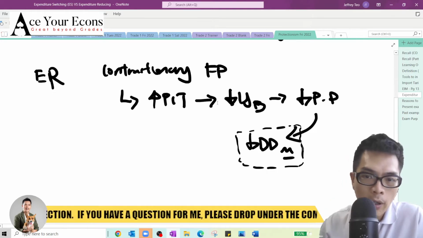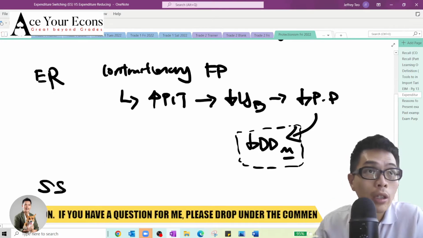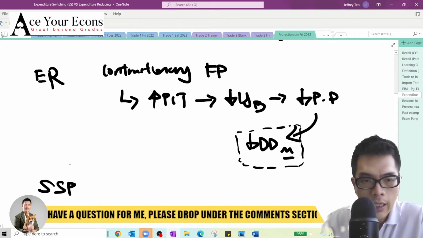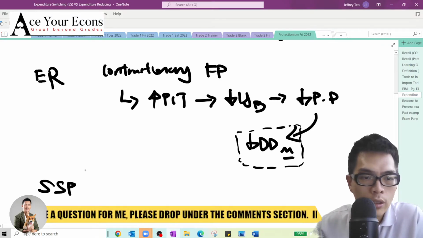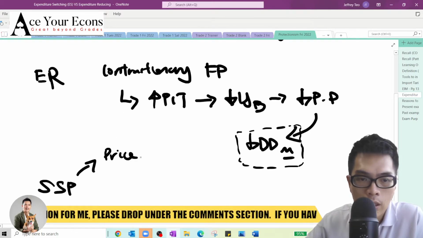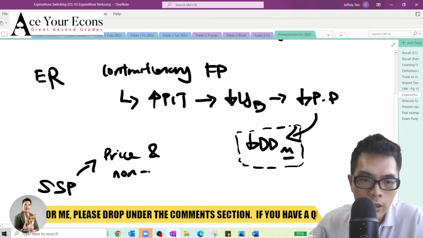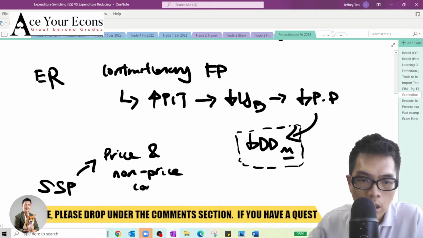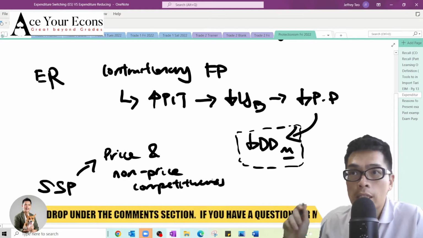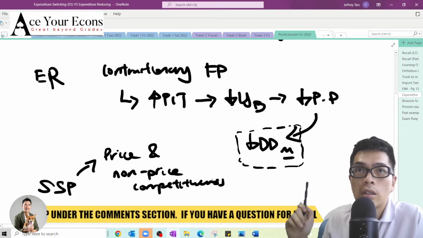All right, the third policy that you possibly want to consider is supply side policy. Supply side policy, in this case, can be used to promote competitiveness of your exports in terms of price and non-price competitiveness. I believe I've covered this under supply side policy, right? Quite extensively.